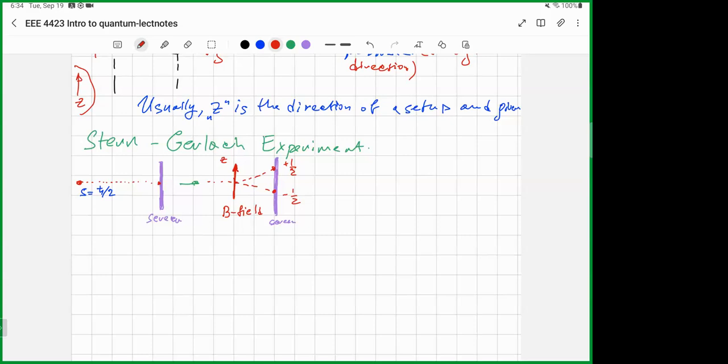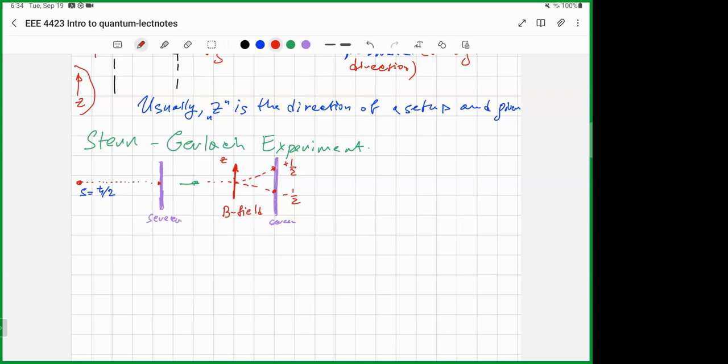So in magnetic field, these two orientations of the spin became distinguishable. What it means? It means that without magnetic field, each particle, each electron is in the superposition of both orientations of the spin, up and down.